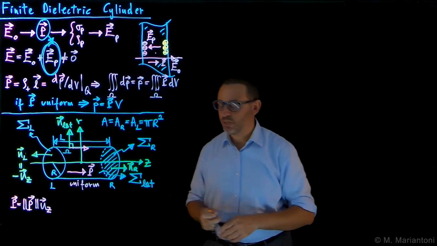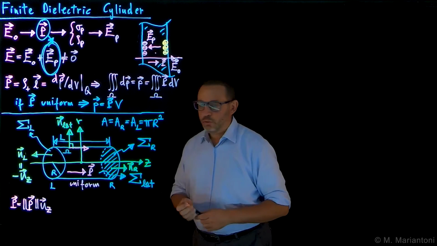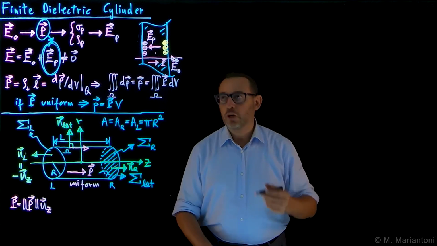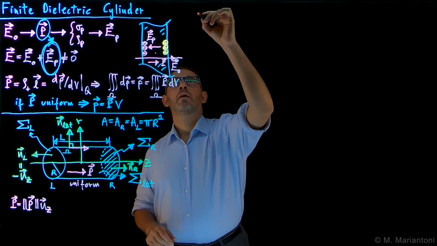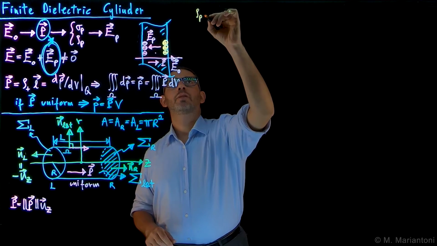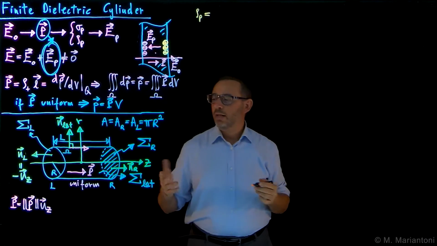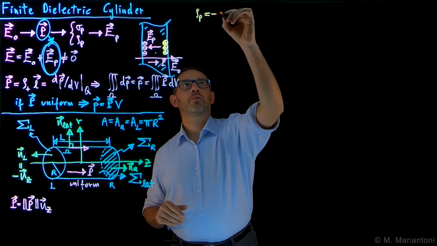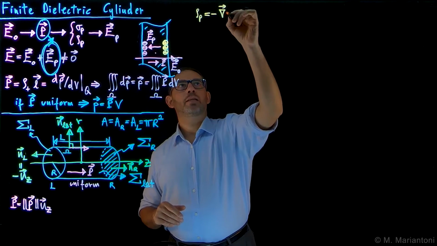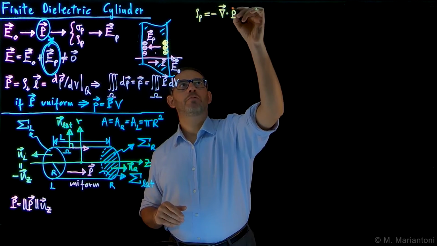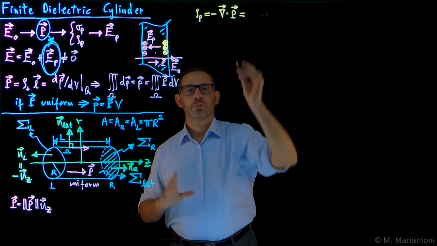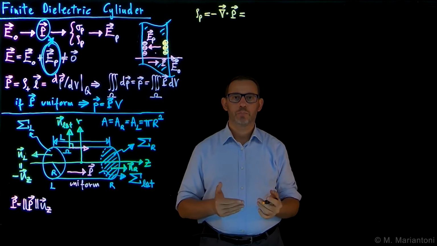There is vacuum outside. So what is the polarization charge, rho P, associated with this cylinder? Well, it is minus the divergence of capital P. What happens if capital P is a uniform polarization vector? Stop for a minute, think about it, and come back.